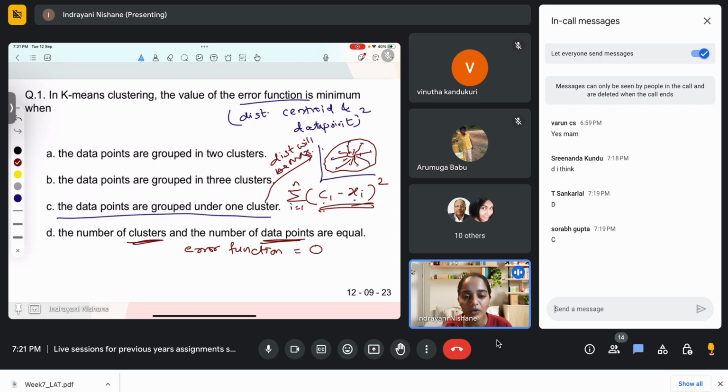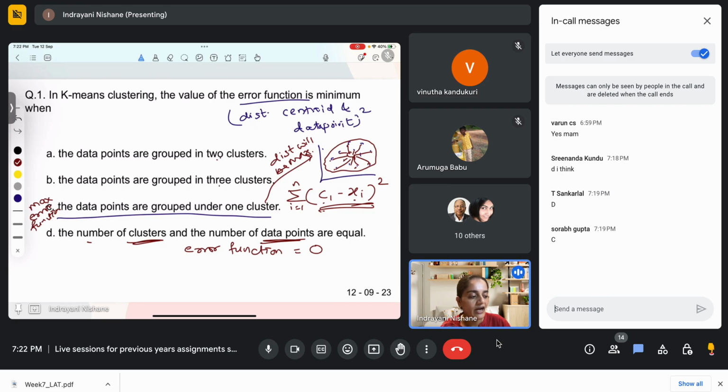Data points on the periphery will have the maximum distance from this center point. So this is the case of maximum error function, and that is the case of minimum, or 0, error function.